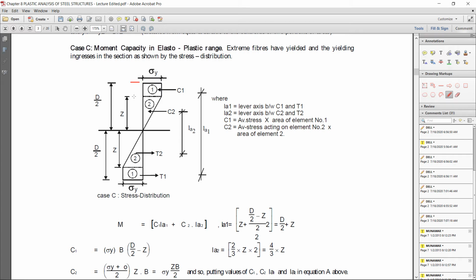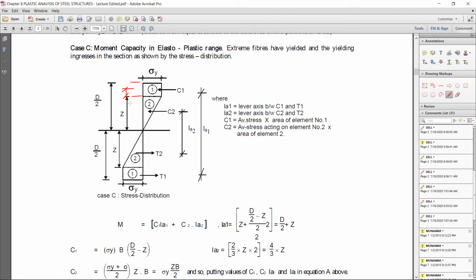From this location we need the depth at this point. So how is that calculated? This is clear, z. For the half of this, d by 2 minus z, we will get this depth, and divided by 2 we will get this center, this average.